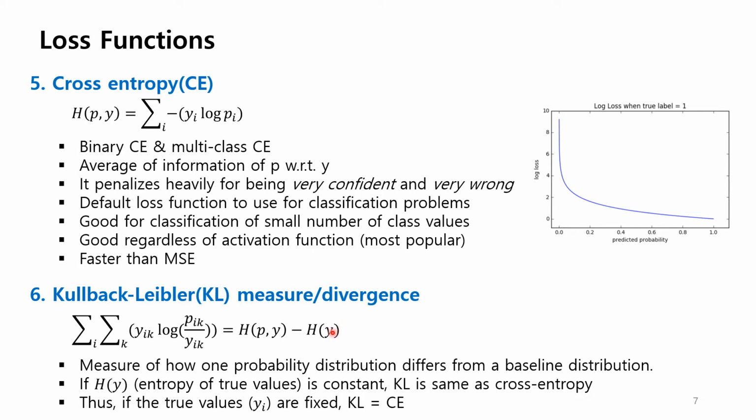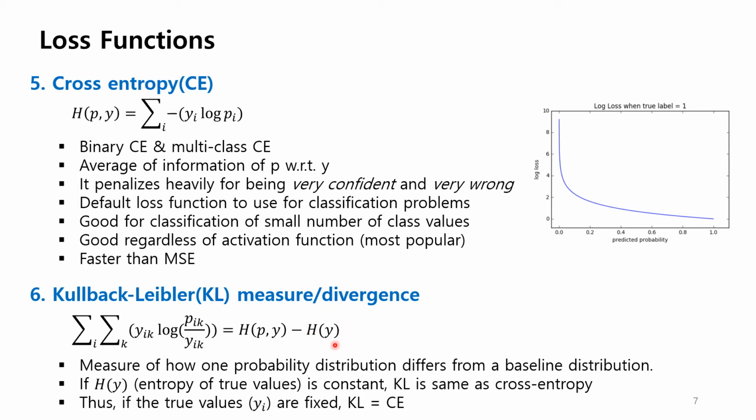Then, in that case, if you use cross entropy or KL divergence, actually it's the same because this is fixed, right? And this is cross entropy and minus. If the target value is fixed, this is constant, right?